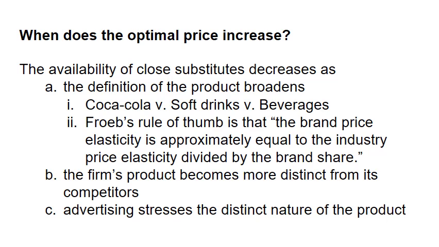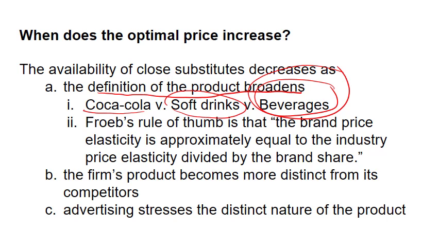The availability of close substitutes decreases as the definition of the product broadens. For example, Coca-Cola is a very narrowly defined product. Soft drinks is a more broad category of product. Coca-Cola is a subset of soft drinks. And beverages subsumes both of those.